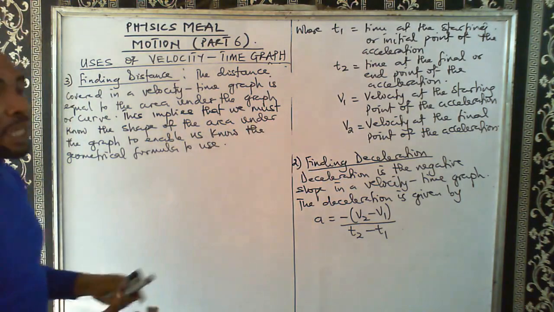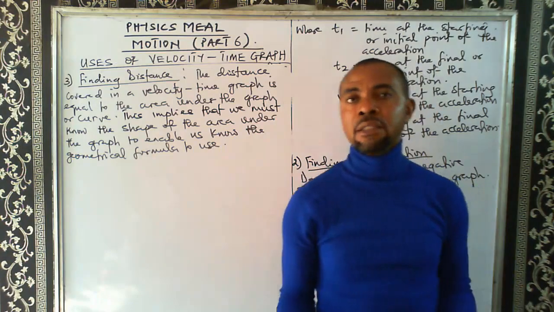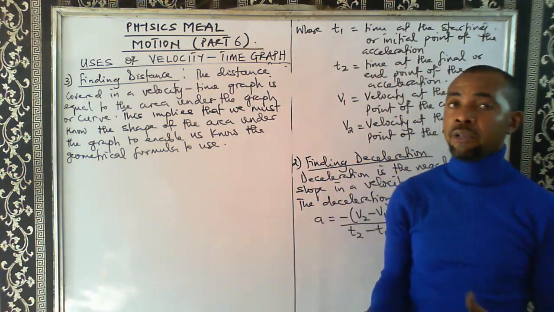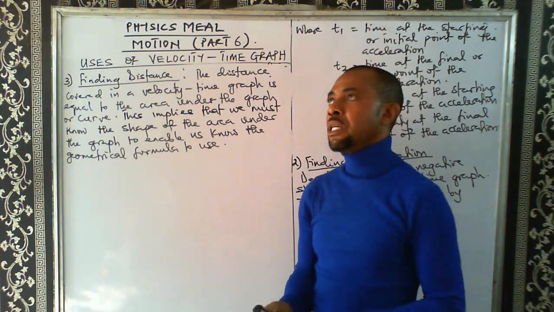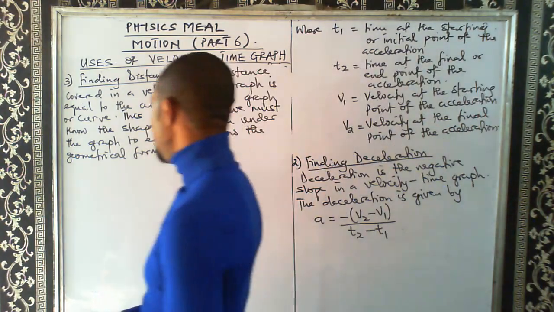So you must know the area. Must know the area. Is it a shape? Is it a triangle? Is it a rectangle? Is it a trapezium, and so on? We must know.